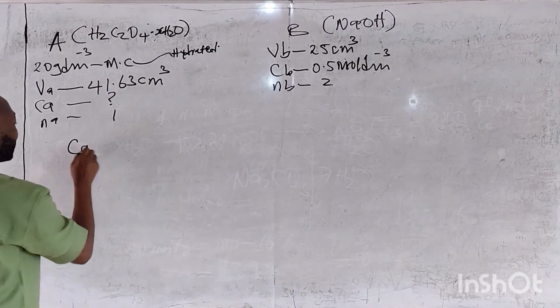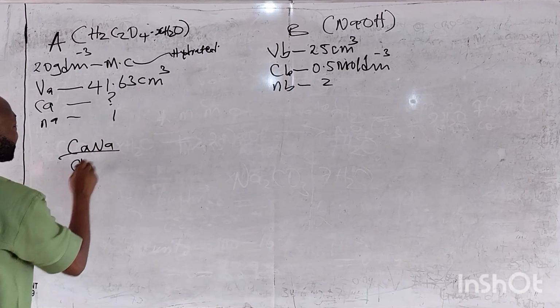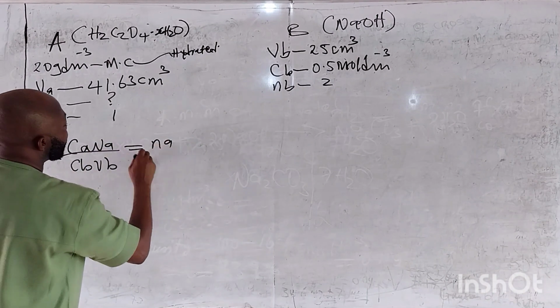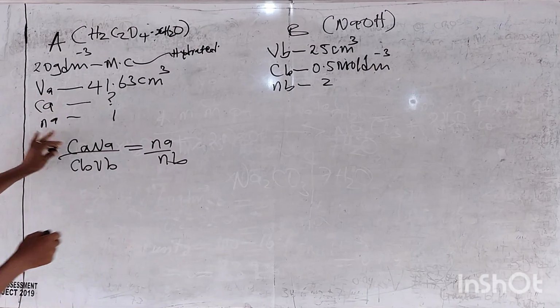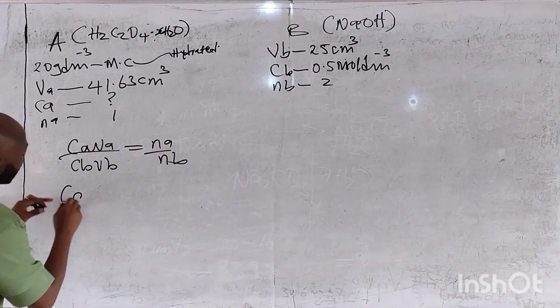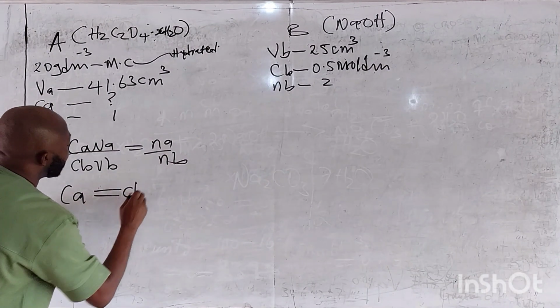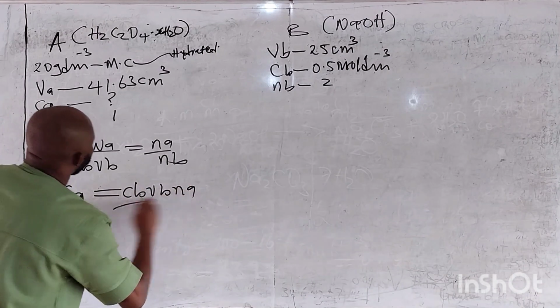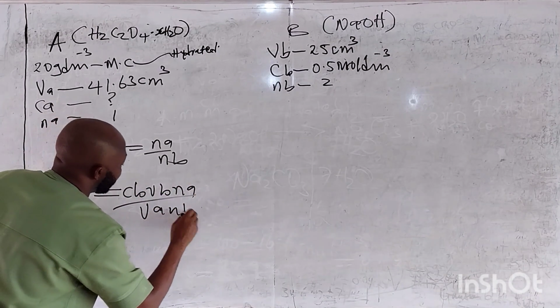So I have CAVA over CBVB equals NA over NB. I'm looking for the concentration of the acid, so my CA equals CBVBNA over VANB.